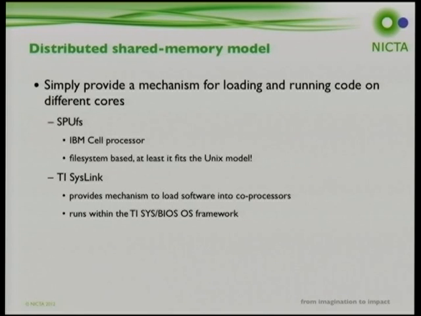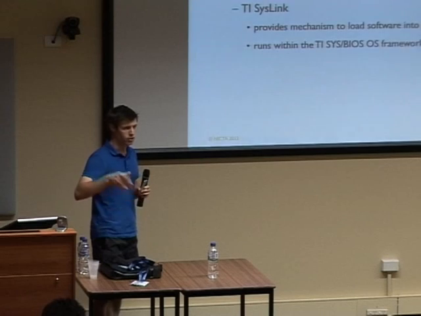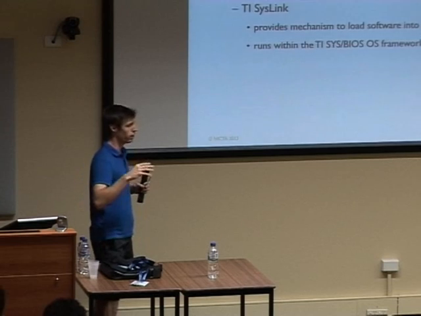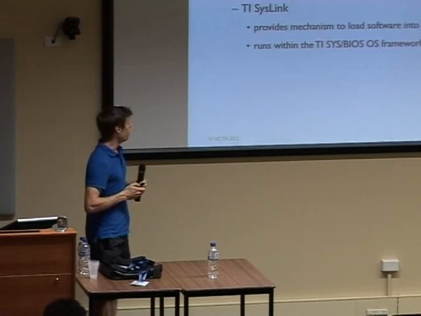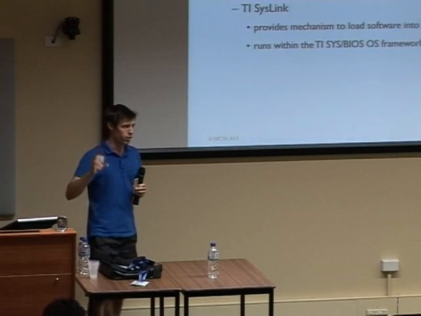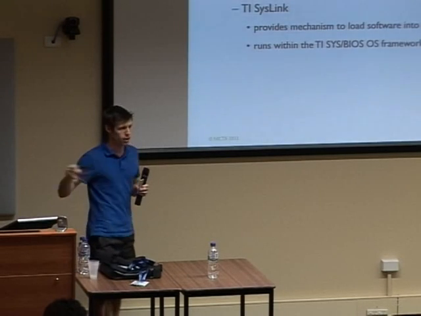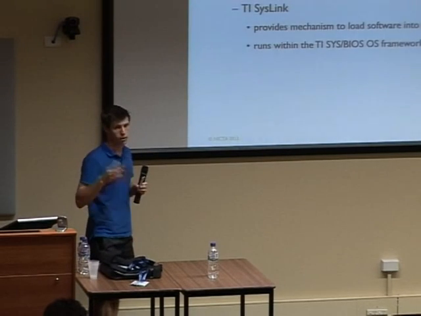So basically the OS doesn't provide any mechanism. It's a third-party tool which you use to get your code running on the different core. So for example, with the cell processor and the SPUFS framework, the cell processor has 8 synergistic processing units which provide a limited set of instructions, and then the main program that runs on the big core can distribute tasks to all those little cores using the Unix file system model.